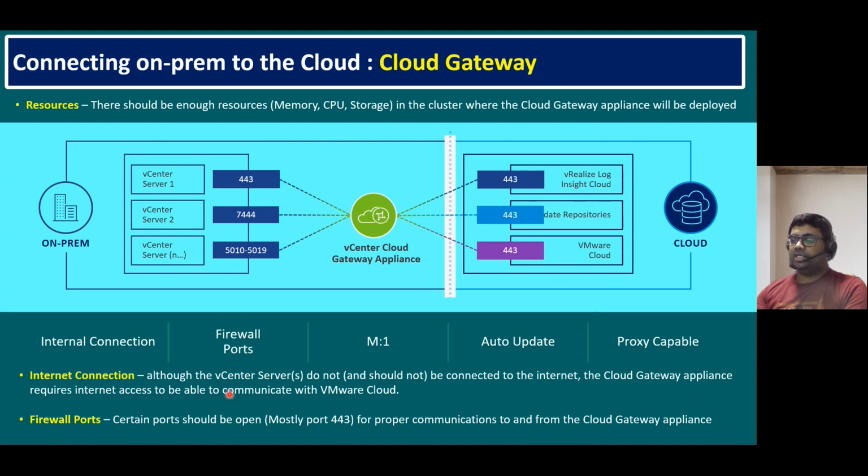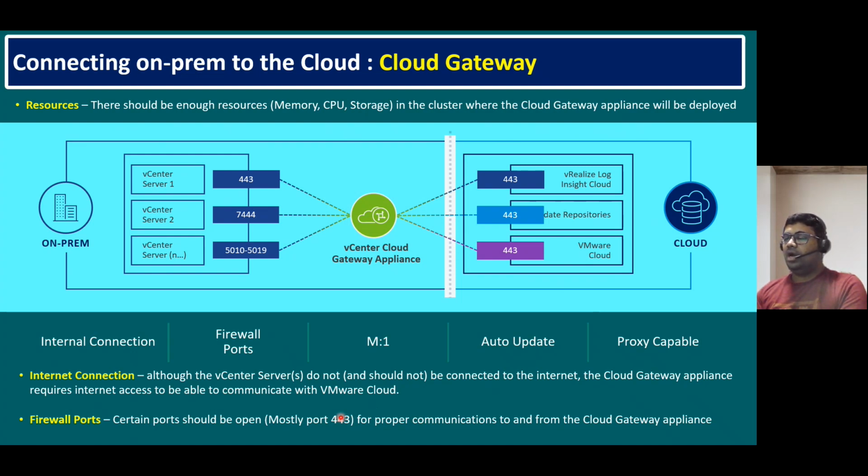This is the important point. And firewall ports, certain ports should be open, mostly port 443, for proper communication to and from the cloud gateway appliance. Between the cloud gateway appliance and the VMware Cloud Portal, the main key port is 443, same as our HTTPS port.